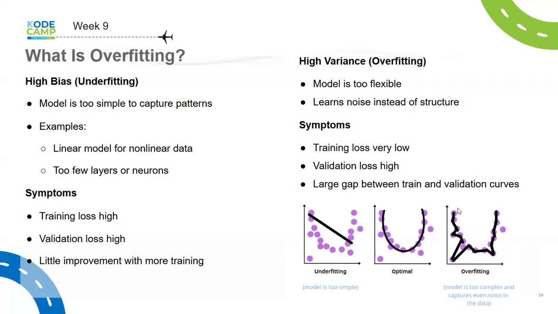Now this is overfitting because it's basically following every single point. But again, if you want to extend the prediction into unknown data, this results in misprediction of a lot of different data points. So high bias happens when your model is too simple. So if you're using a linear model, like I said, for nonlinear data, or if the layers in your neural network are too few.